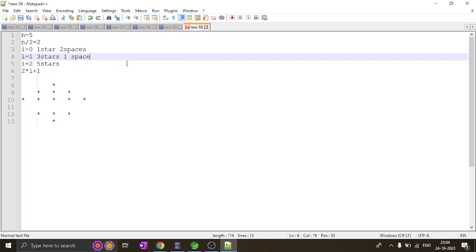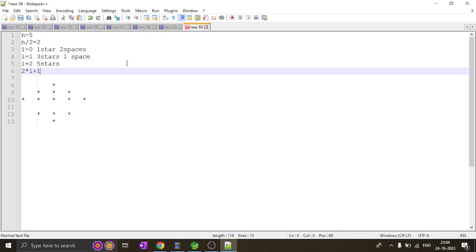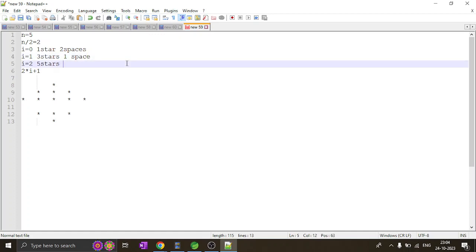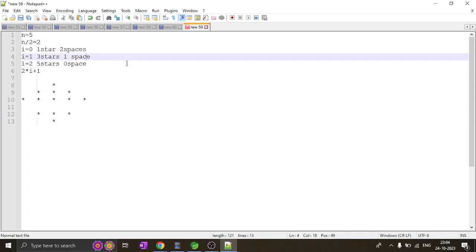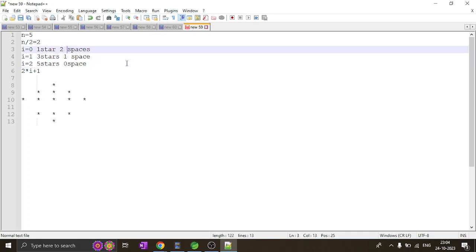For I is equals to 2, we have to print 0 spaces. Okay, so the relation is something like n minus I, n by 2, of course, minus I.